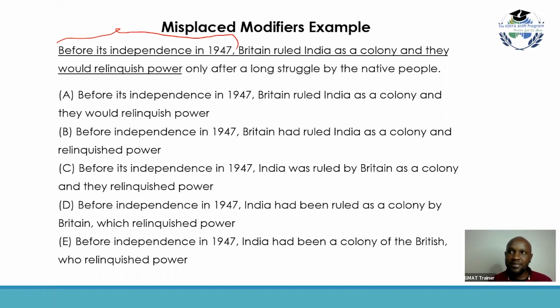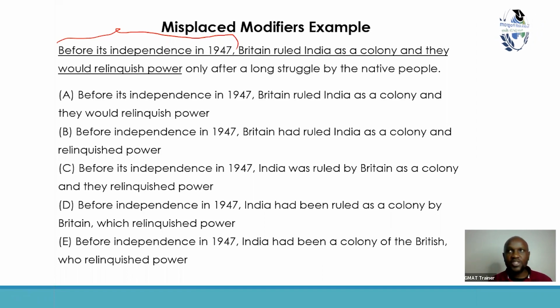As we said in the previous principle, you should place the subject of the sentence, or the noun that is being modified, as close to the modifier as possible. Once you've identified that, you'll be able to eliminate any answer choices that violate that principle. So the right answer choice should ideally have India following the comma after the modifier.